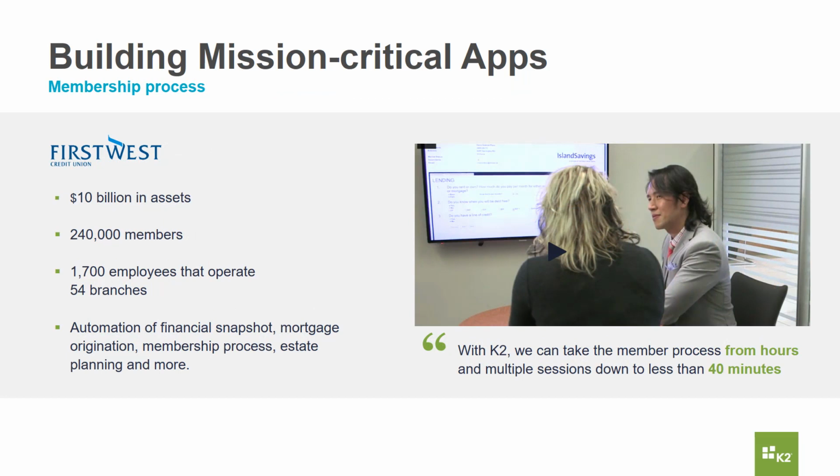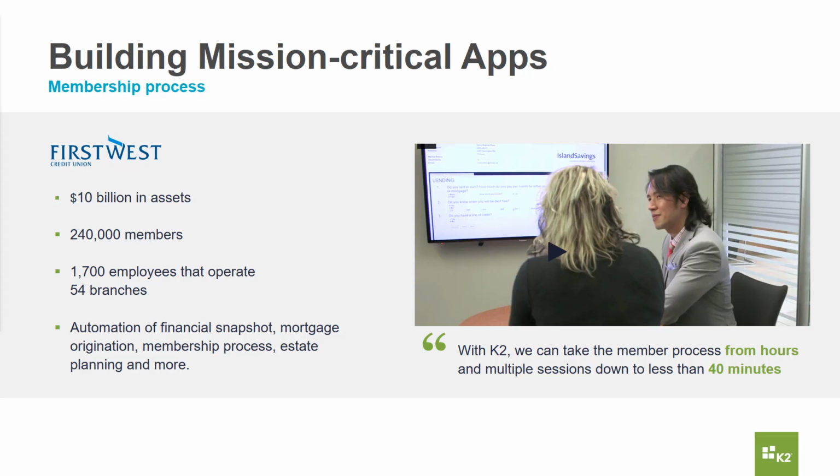On another side, we have a credit union called First West Credit Union with over 240,000 members. So you can imagine the number of applications or mortgage originations that might occur in a given calendar year. So you can see that things like membership process, estate planning are really benefits that are going straight back to the end users, the members of that credit union, all functioning through K2 and becoming a lot more optimized for that particular process.